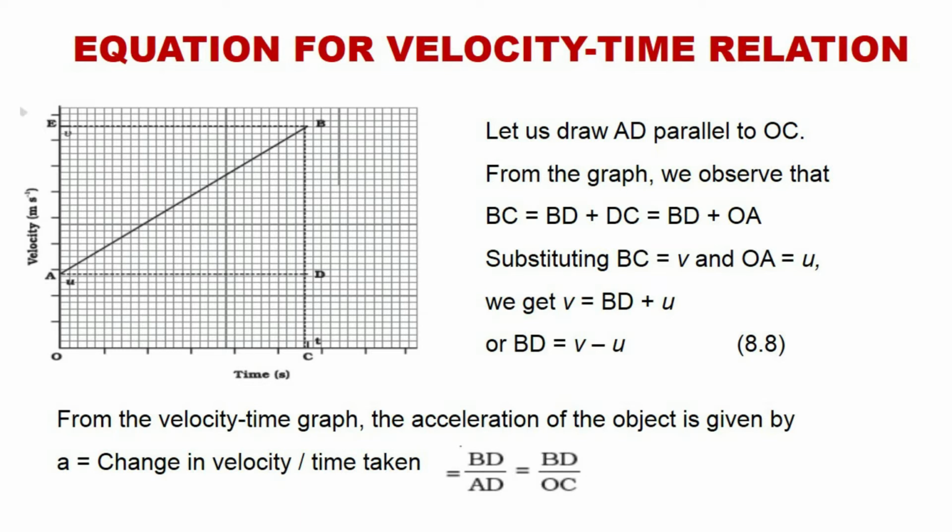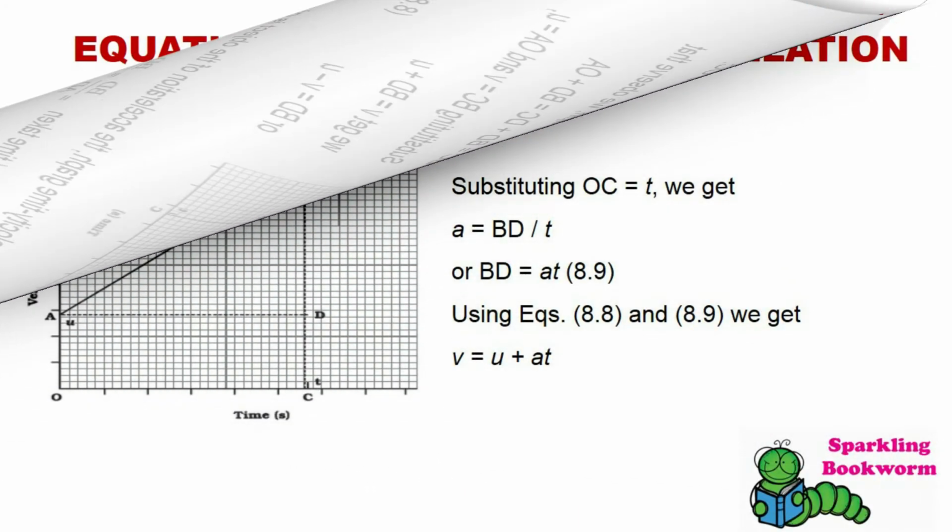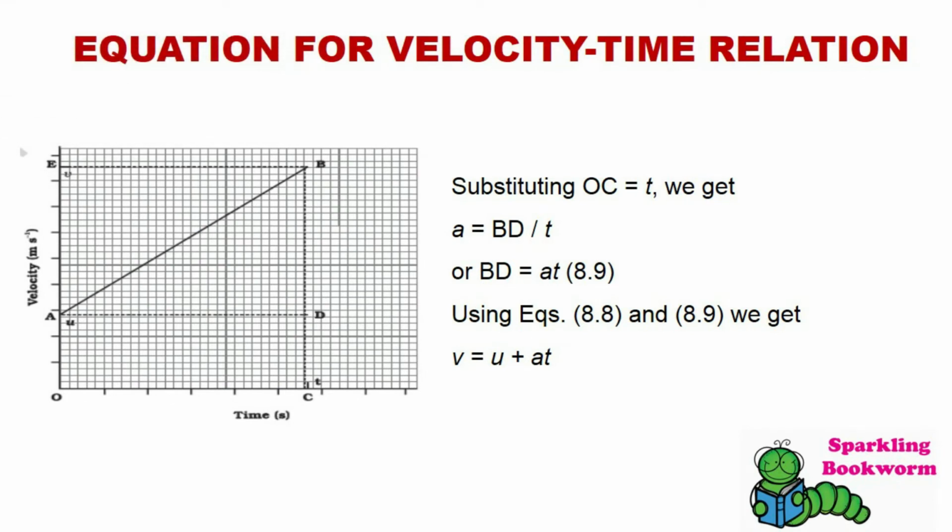From the velocity-time graph, the acceleration of the object is given by a equals change in velocity by time taken. Substituting OC equals t, we get a equals BD by t, or BD equals at (8.9). Using Eq. 8.8 and 8.9, we get v equals u plus at.